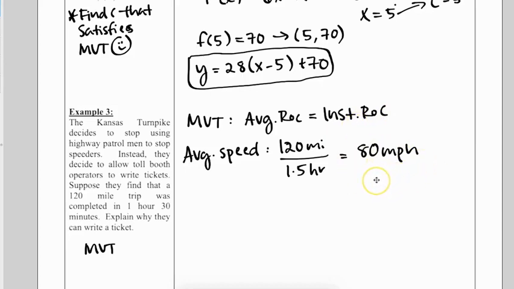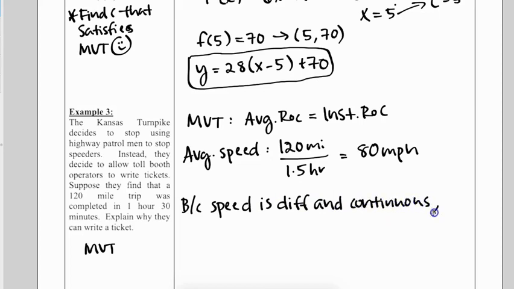We're just going to write a quick little blurb here to summarize all of this. So first of all, we use the mean value theorem for this. So let's just say that it satisfied the initial conditions. Because speed is a differentiable and continuous function, the mean value theorem applies.